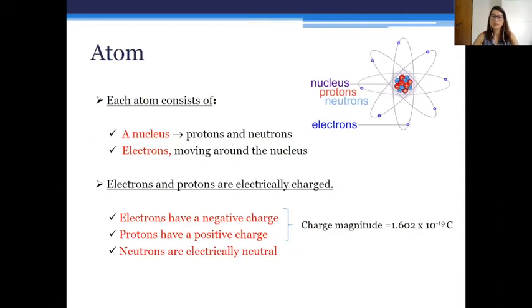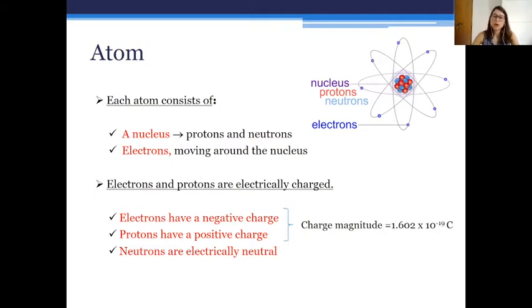So first of all, let's focus on the atom. Each atom consists of a nucleus that contains two particles, protons and neutrons. And around this nucleus, electrons are moving. Let's remember that an atom is neutral, and so in a neutral atom, we have the same amount of electrons and protons.